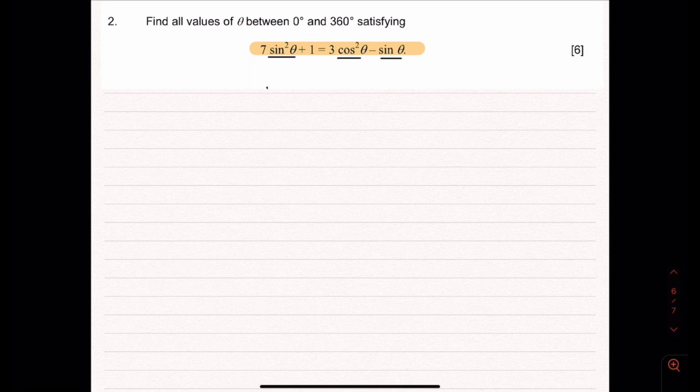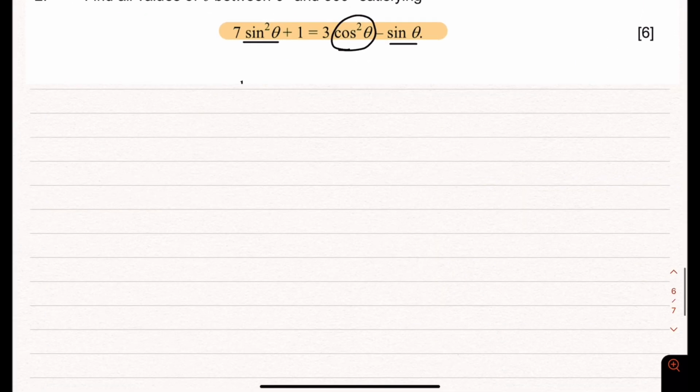So by looking at the cos squared theta, this reminds me of the trig identity whereby we have sine squared theta plus cos squared theta is equal to 1.